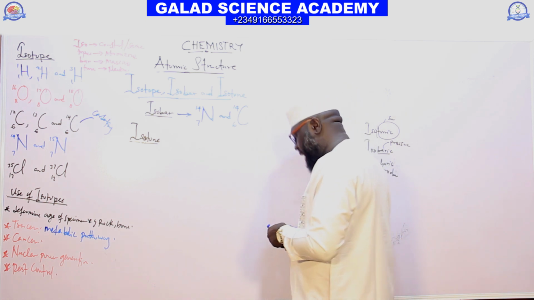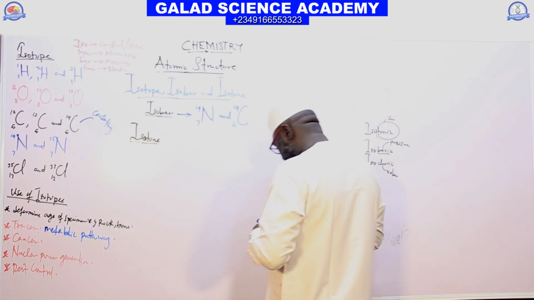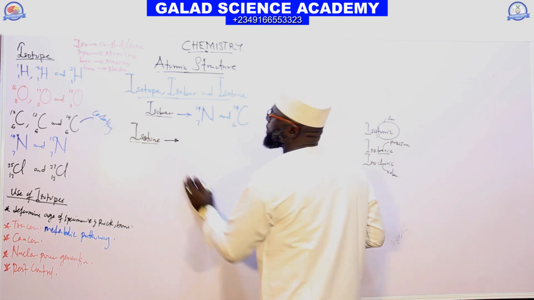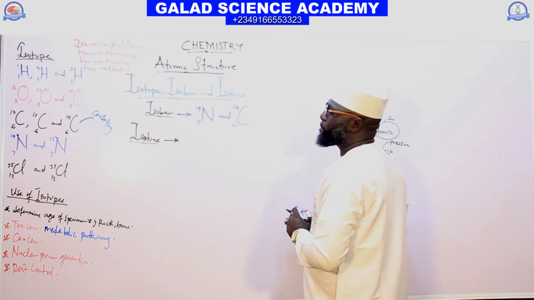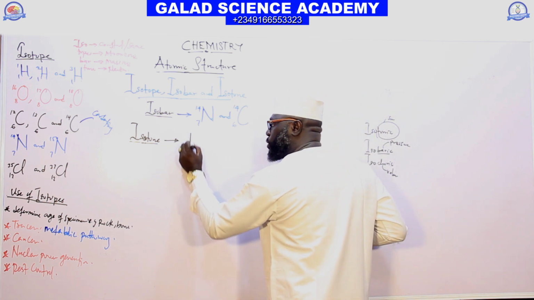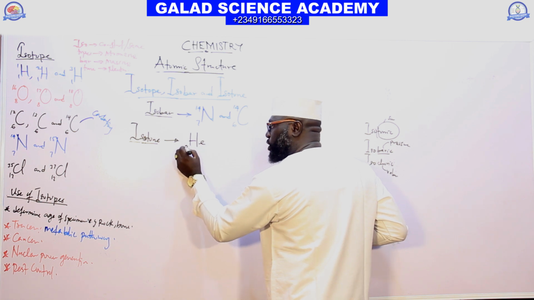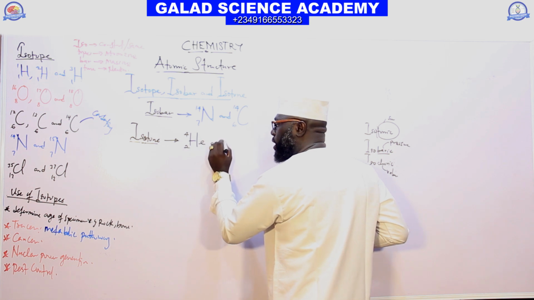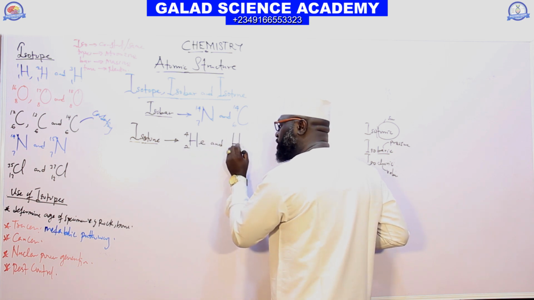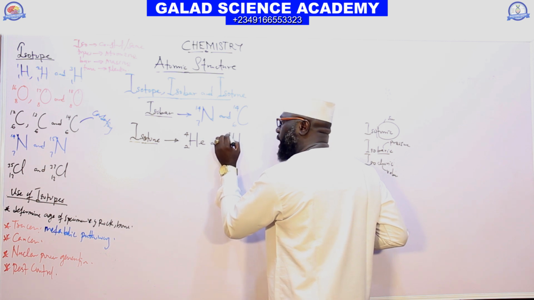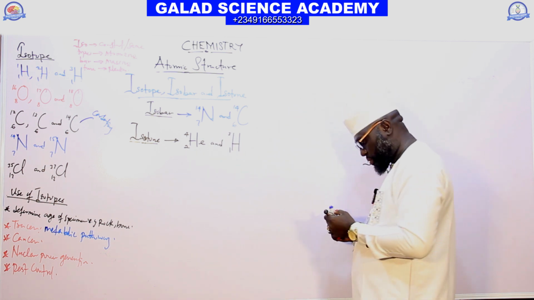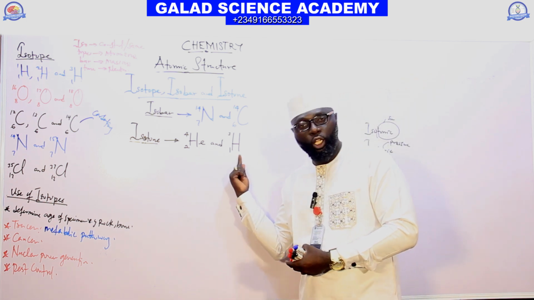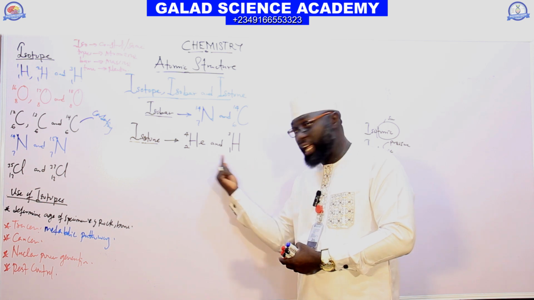See, this is the example of isotone. Let me use helium. Its atomic number is 2, mass number 4. And we have hydrogen, tritium, 1 and 3. Look at this. This is helium and hydrogen, two atoms of different species, different elements.